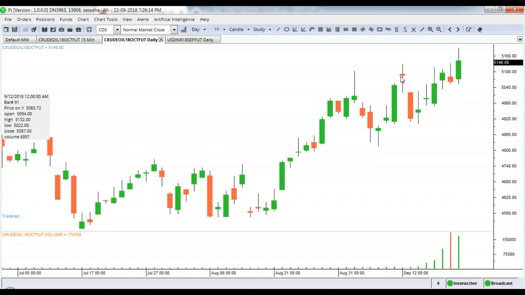Say earlier you were paying only 70 rupees to buy $1. Now you are paying 70 rupees 20 paisa to buy another dollar. So there is a 20 paisa difference which has already come. So the crude at a $70 international price is already 20 paisa more expensive in India.